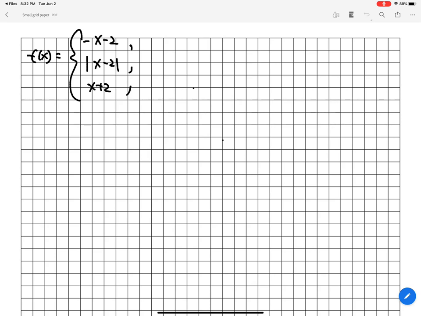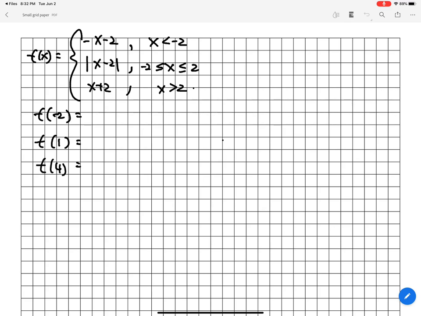These happen when x is less than negative 2, x is between negative 2 and positive 2, and x is greater than 2. And we're still going to find f of negative 2, f of 1, f of 4.